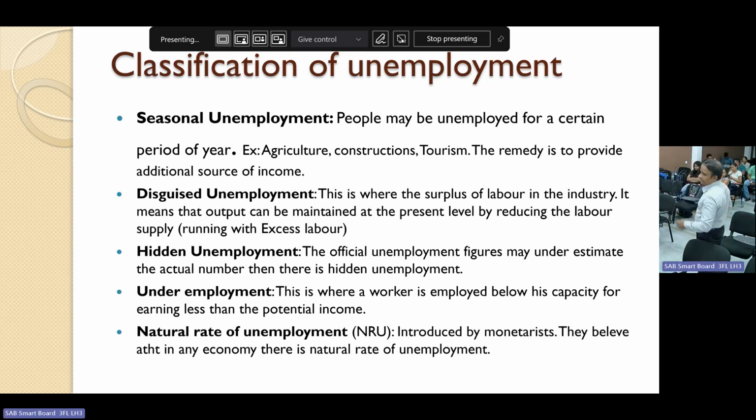And we also see the natural rate. Monetarist economists talk about this natural rate of unemployment. They believe that an economy can never be free of unemployment, that there is a certain level of unemployment in economics. Okay.